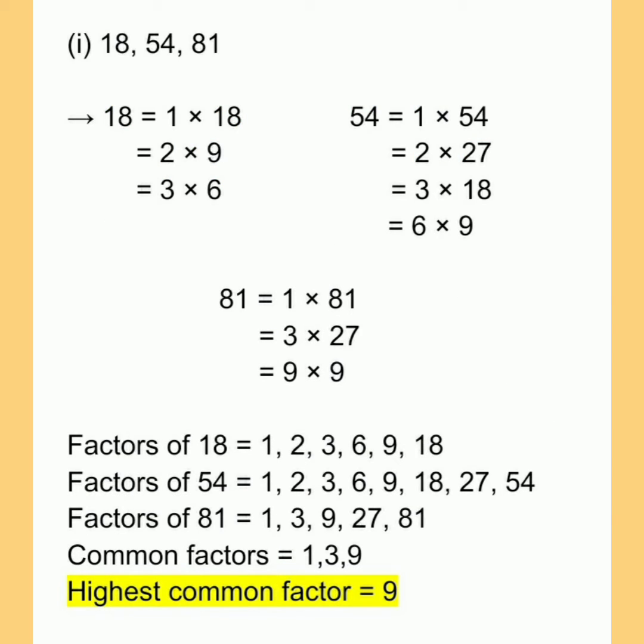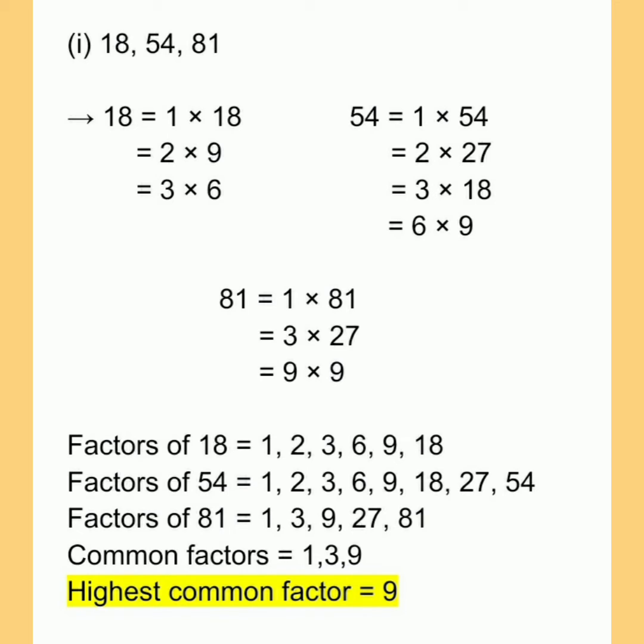Next, 18, 54, 81. Factors of 18 are 1, 2, 3, 6, 9 and 18. Factors of 54 are 1, 2, 3, 6, 9, 18, 27 and 54.